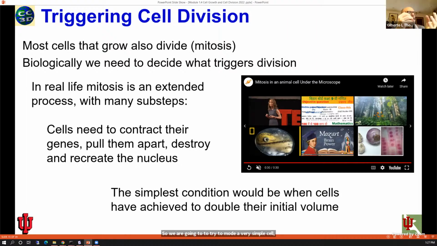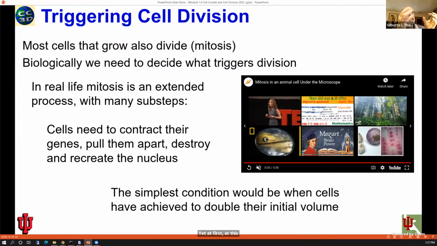The basic assumption is, let's put some rules for the cell to divide. Let's say the cell divides when it reaches double its initial volume. It can be anything, but this is the one, because we are supposing that the two resultant cells after division are the same in this first model.